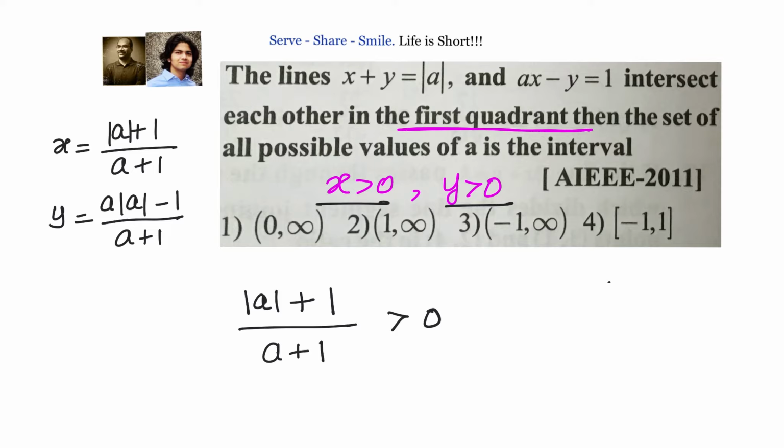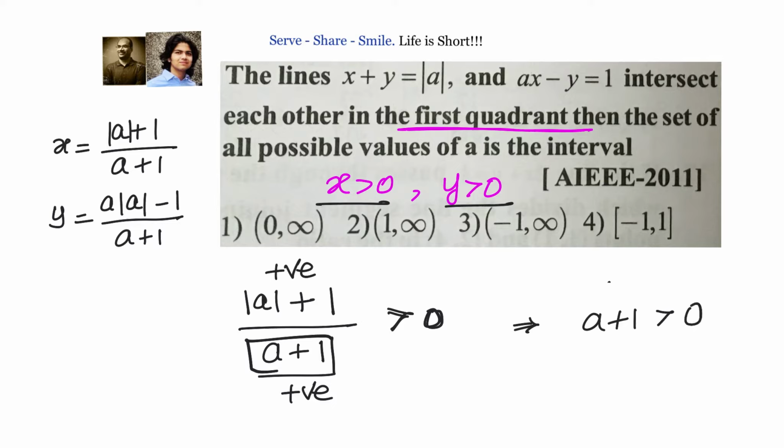Now we know that mod a plus 1 will always give us a positive value, then the denominator also should be positive. Then only it will be greater than 0. That means a plus 1 is greater than 0. So that gives us the condition that a is greater than minus 1.